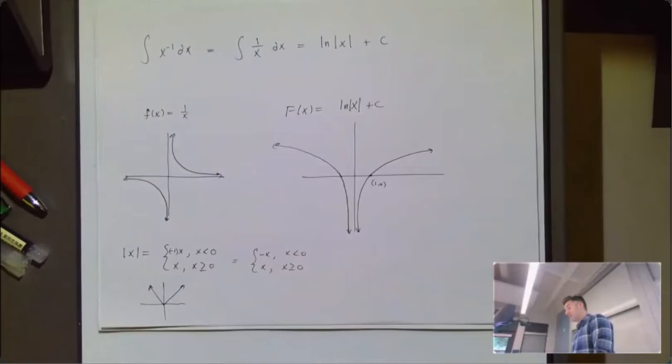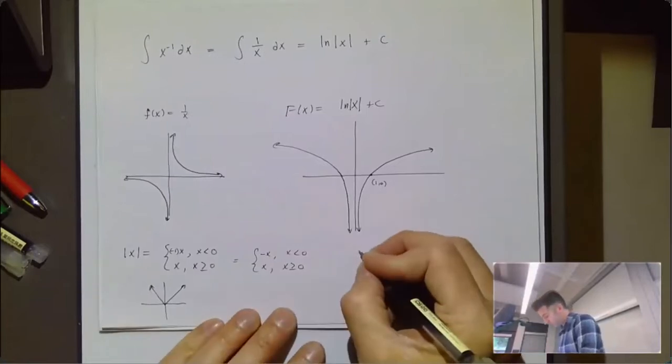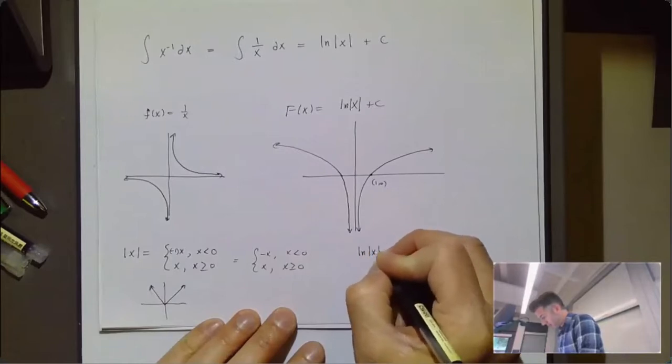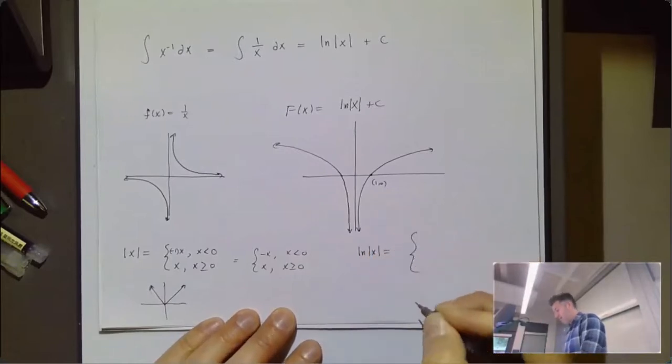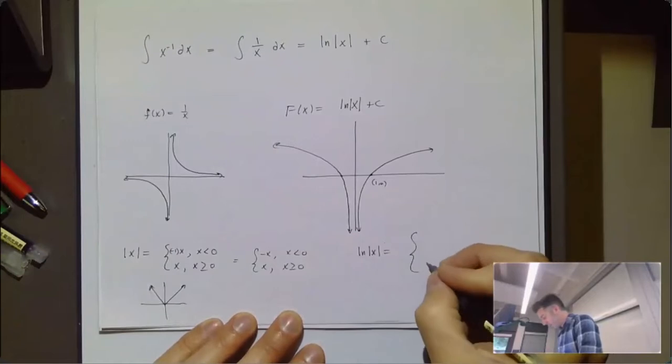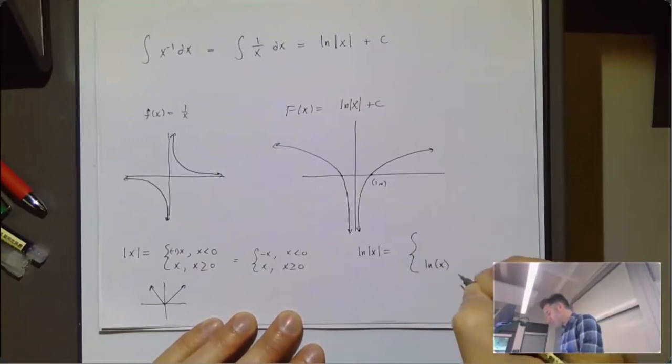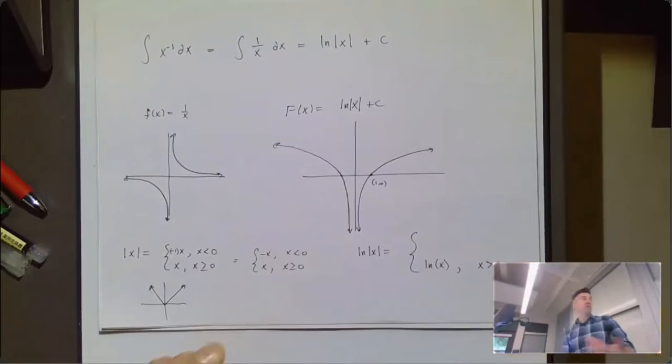So then let's check out the natural log of the absolute value of x as a piecewise function. The natural log of the absolute value of x is going to equal the natural log of just regular x if x is positive. We're not going to include 0 here because we can't take the natural log of 0, right? Natural log of 0 is still undefined all the time.